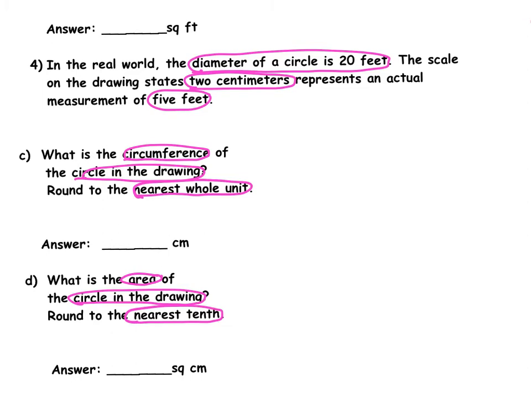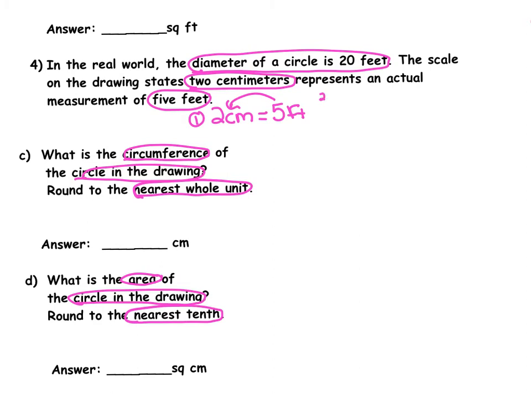So let's start like before. Write down your scale factor. Please put this on your notebook paper, or if you printed off a worksheet, put it on your worksheet. 2 centimeters equals 5 feet.